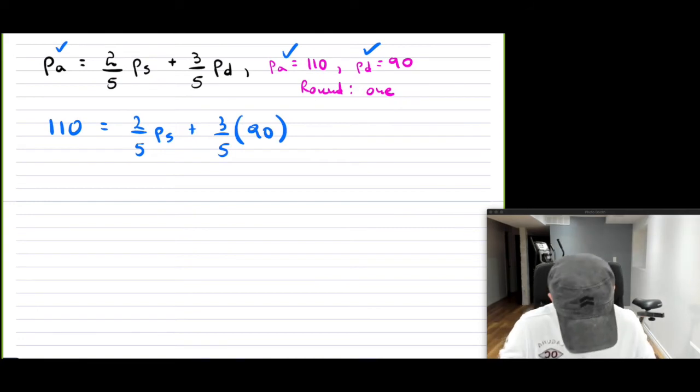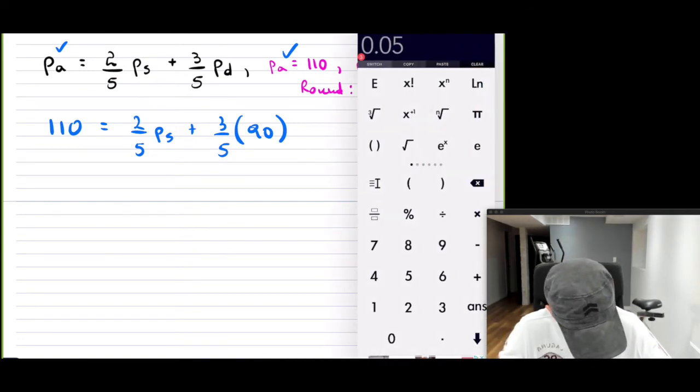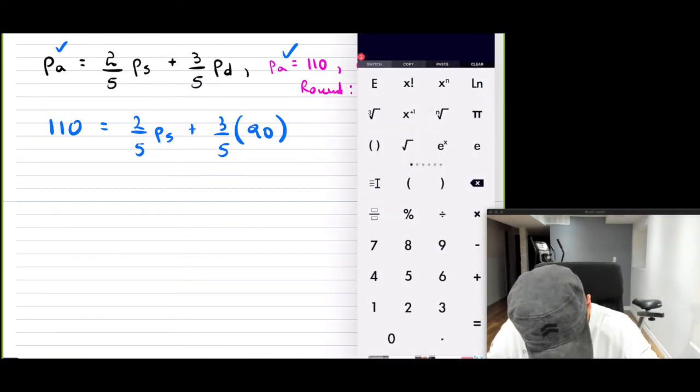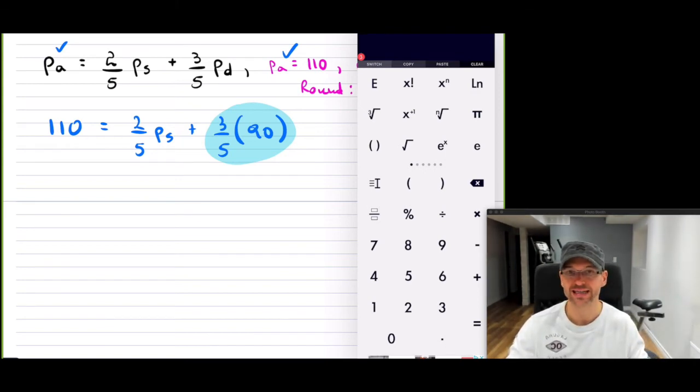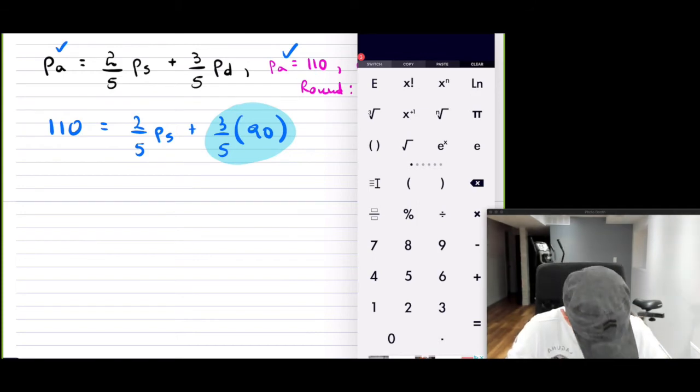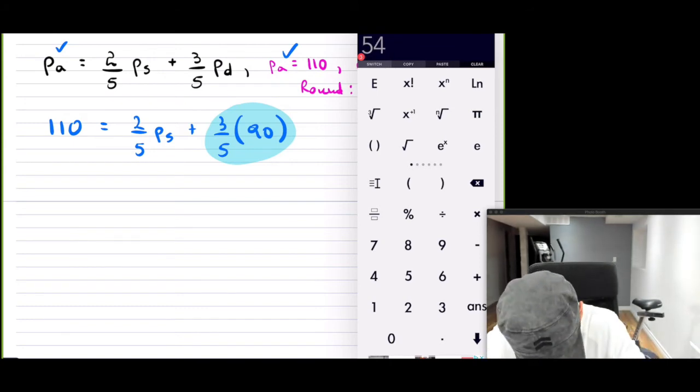Now I'm going to simplify. Notice I can simplify right here because it's just a bunch of numbers. So it is 3 over 5. Now 3 over 5 is actually 0.6, you can check it. So 0.6 times 90, or you could just multiply the fraction in. So that's 54.